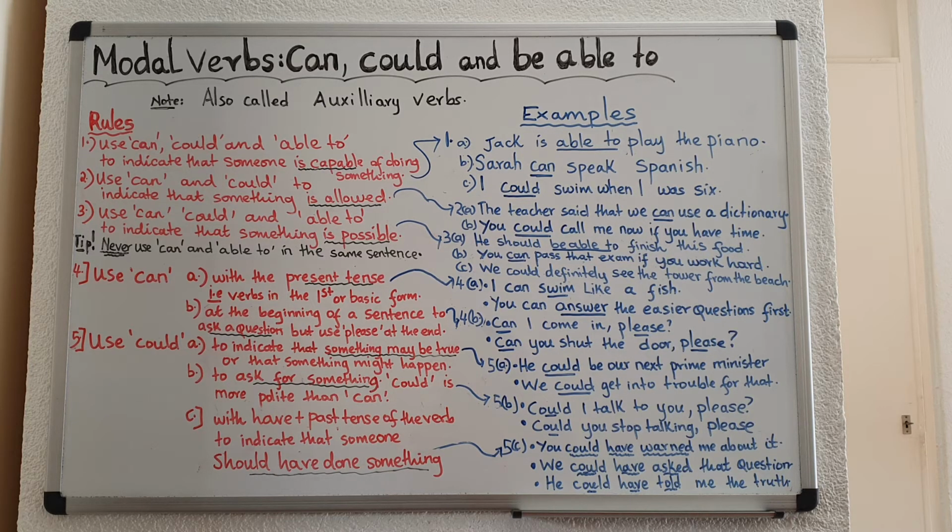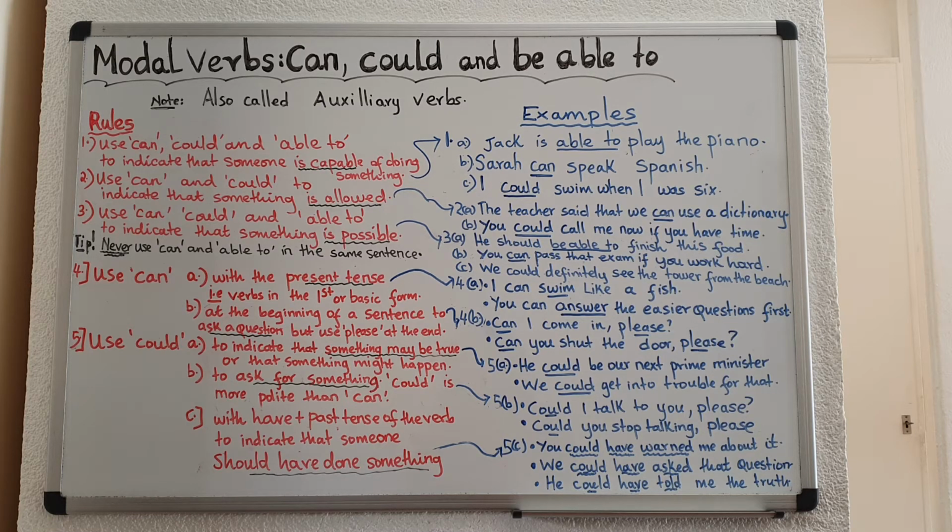Now, look at example 1 on the right. Jack is able to play the piano. That means that Jack can play the piano. He is able, he is capable of playing the piano.